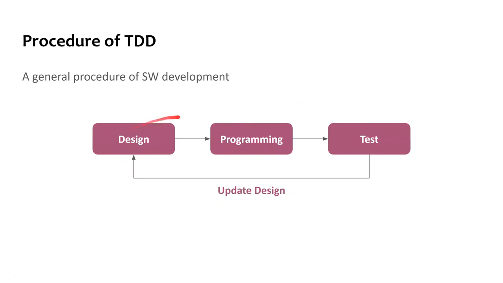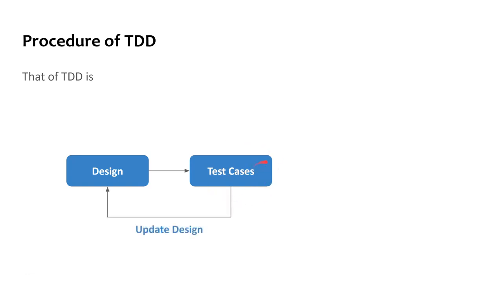So rather than doing this procedure, what we do is we first design, and then we design test cases. And by designing test cases, you can come up with some design update ideas. And then you go back to the design process again and design again.